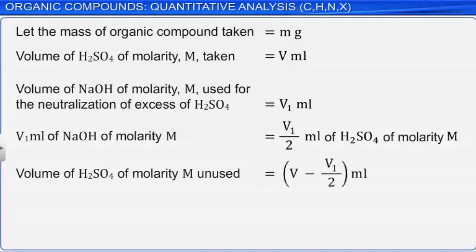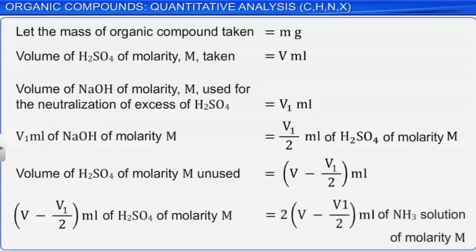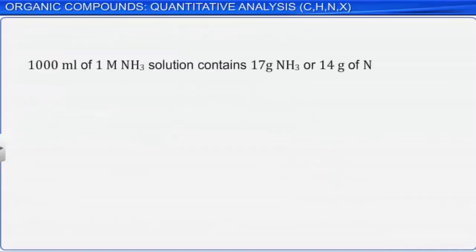V minus V1 by 2 ml of sulfuric acid of molarity M is equal to 2 multiplied by V minus V1 by 2 ml of ammonia solution of molarity M. From the equation, we get that this is equal to twice the volume of the ammonia solution of molarity M. We know that 1000 ml of 1 molar ammonia solution contains 17 grams of ammonia or 14 grams of nitrogen.